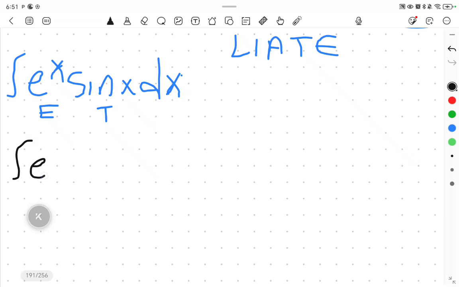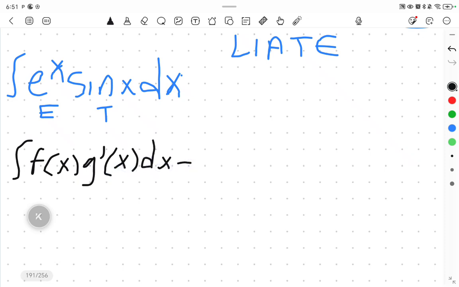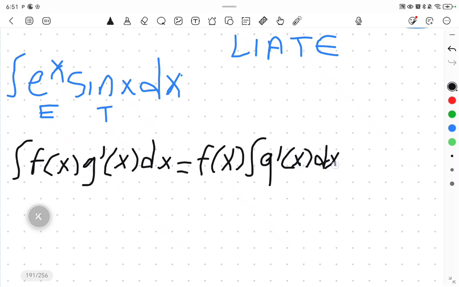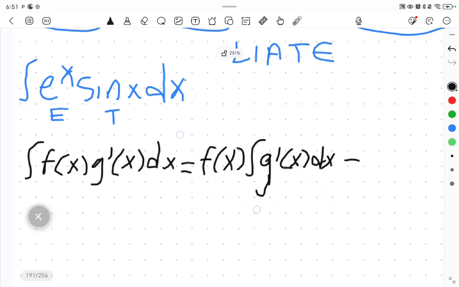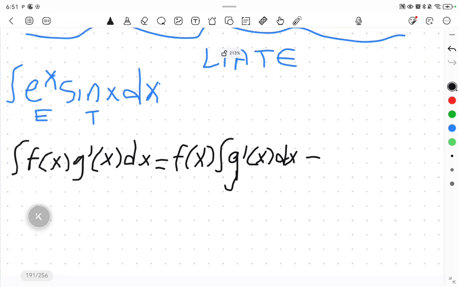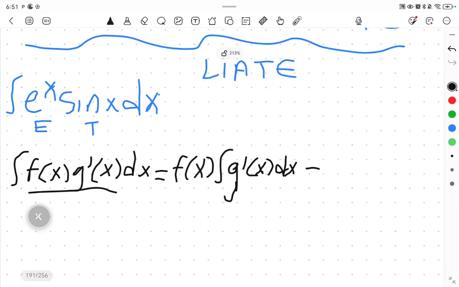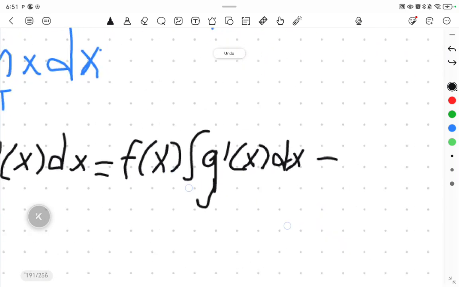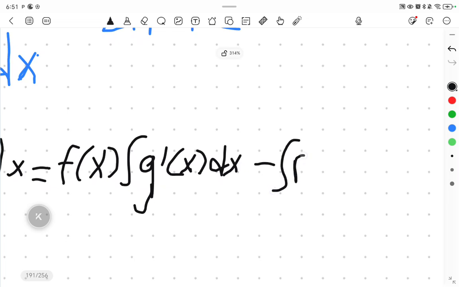I have the integral of f of x g prime of x dx, minus, I take f of x outside as a constant. So this is equal to f of x as a constant. Then I integrate g prime of x dx, minus, now I take the opposite of this. I say the integral of f prime of x.